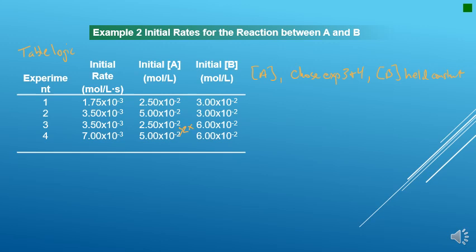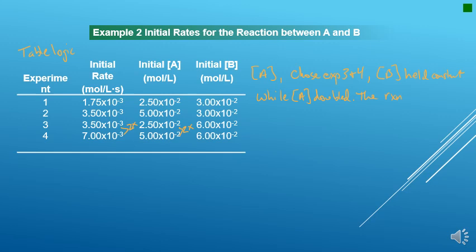So that would represent a doubling. So I can just say 2x for the change in the concentration. And then my change in the rate, 3.5 to 7, also doubles. So I can say for the concentration of A, we chose experiments 3 and 4, B is held constant while the concentration of A doubles.